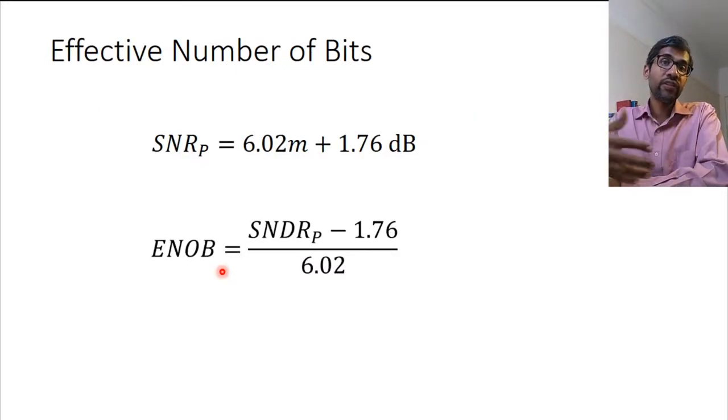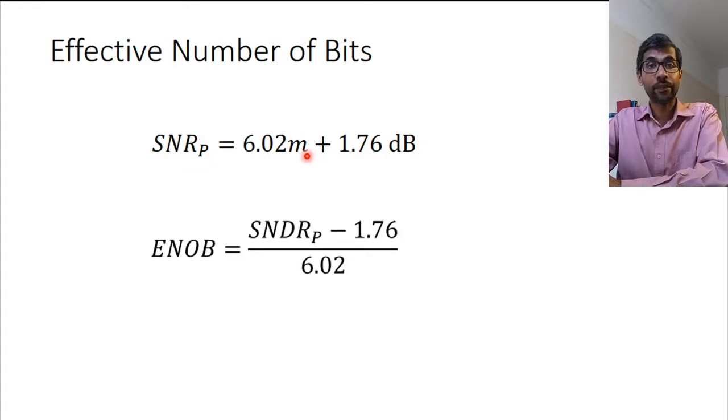Because of the noise in an ADC, we have already looked at that the SNR, the peak SNR, is dependent on the number of bits, right? You can actually reverse this and say, well, if there is a particular SNR, what would be the number of bits that could be effectively resolved by that ADC, right?